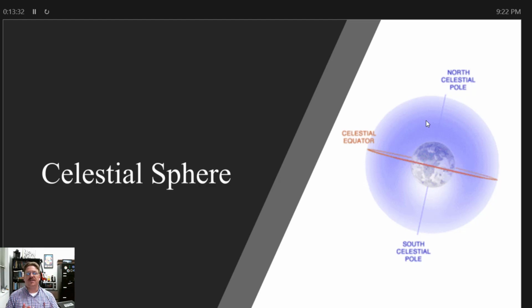And so the celestial sphere has at least 3 points of interest right off the bat. You have the point directly over the north geographic pole, which we call the north celestial pole. You have the corresponding south celestial pole, which is over the south geographic pole. And then the equator expanded out to the celestial sphere is, imaginatively enough, called the celestial equator.